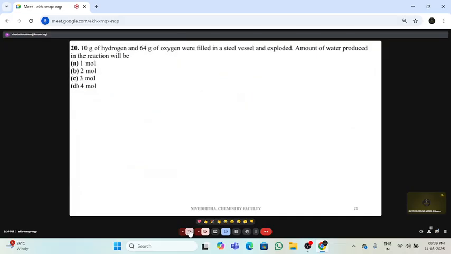So here is the question. I think we have already solved this question, the same question we solved in our class. Please solve and let me know the number of moles of water produced.